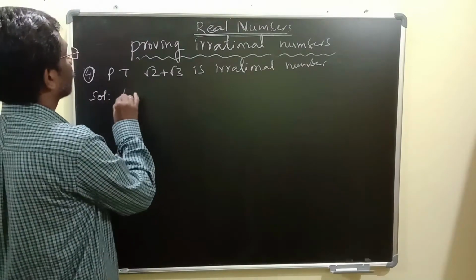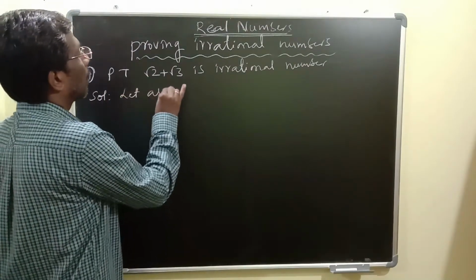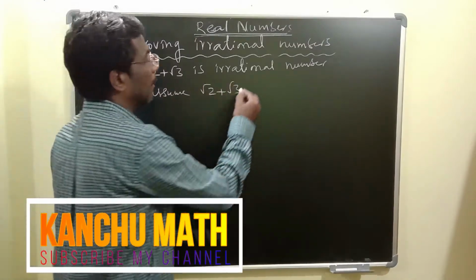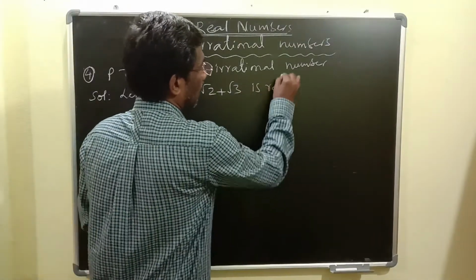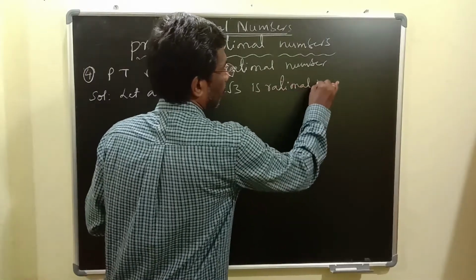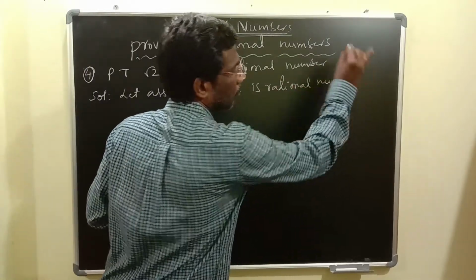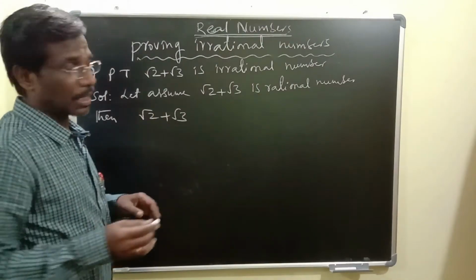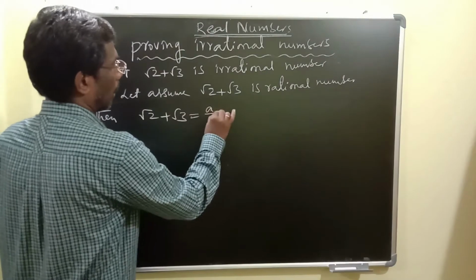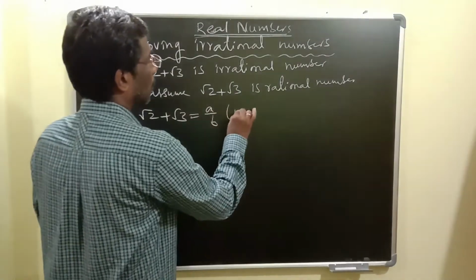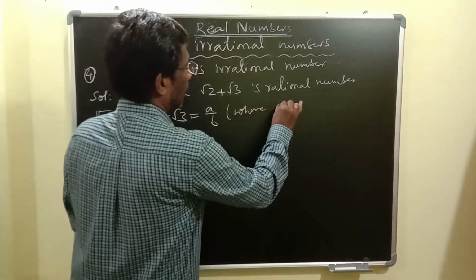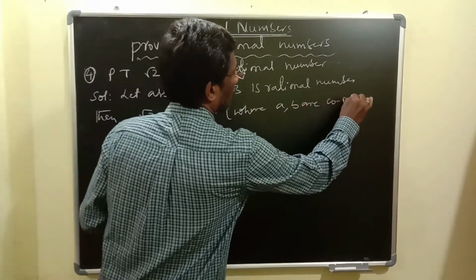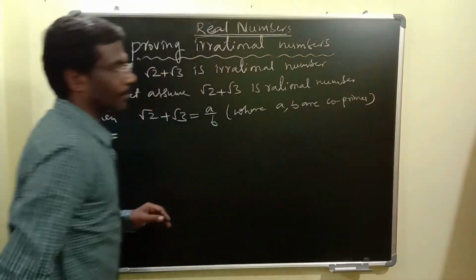Solution. Let us assume root 2 plus root 3 is a rational number. Then we can write root 2 plus root 3 is equal to A by B, where A comma B are co-primes.